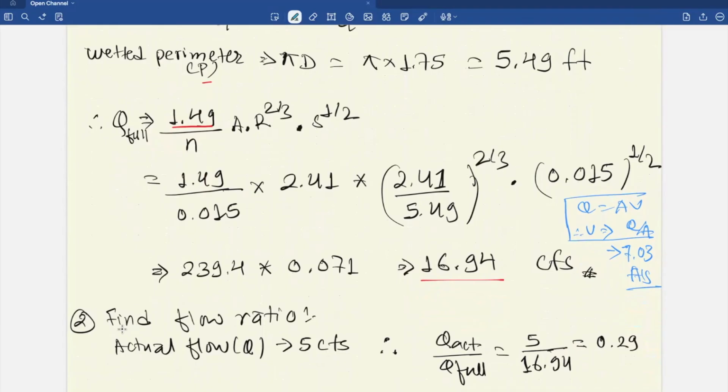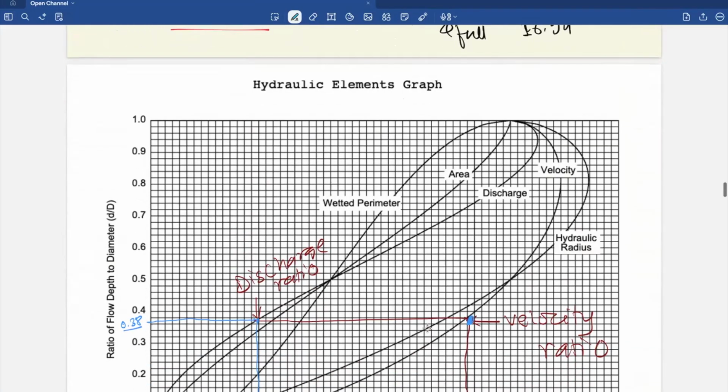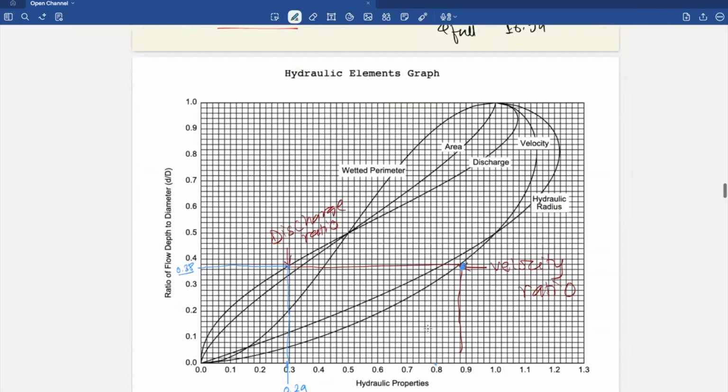Since our actual flow is given, and we also have the full flow, we can find the flow ratio, which will be equal to 0.29. Now let us read from the hydraulic properties chart.